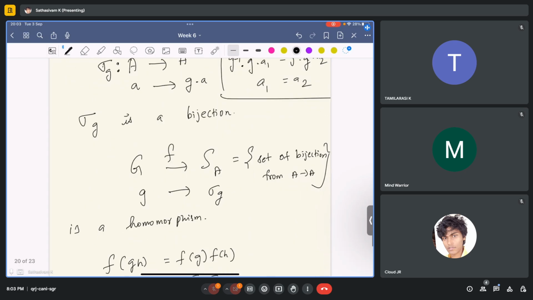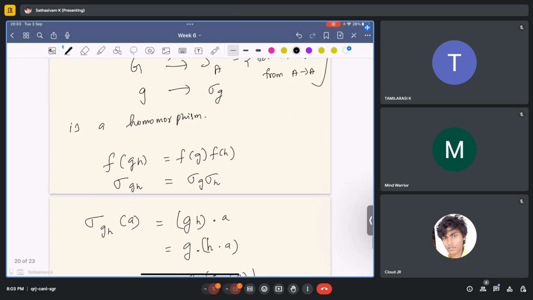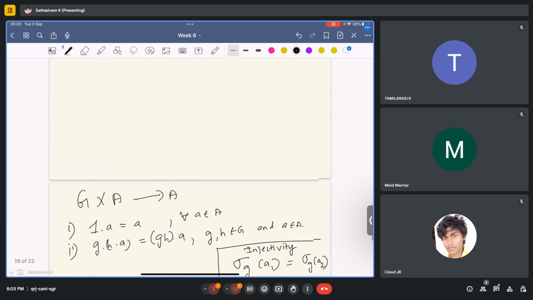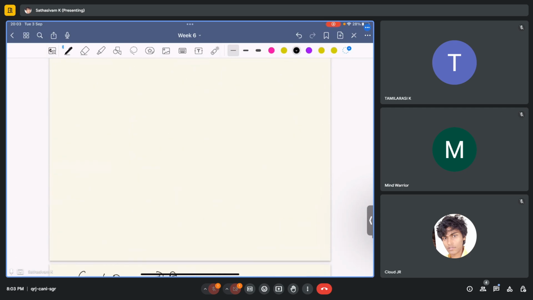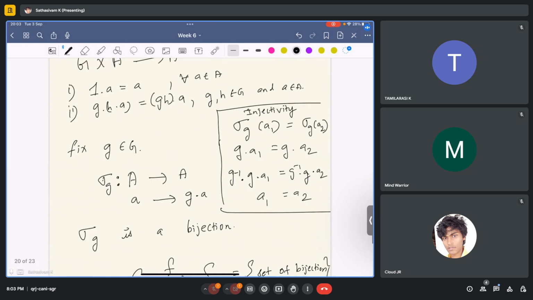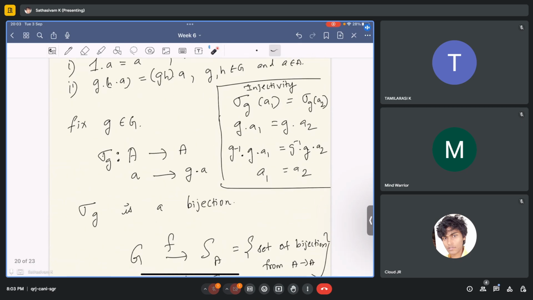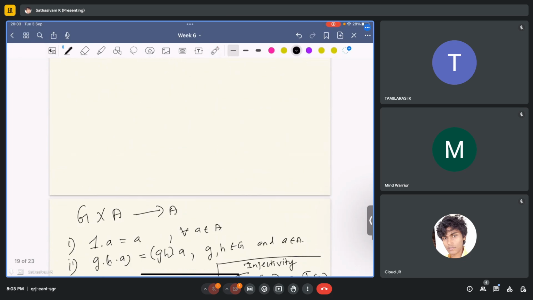So let me prove surjectivity also. Probably here I will prove surjectivity. So just recall this map, the map from A to A, taking A to sigma G of A. We want to prove it is surjective.